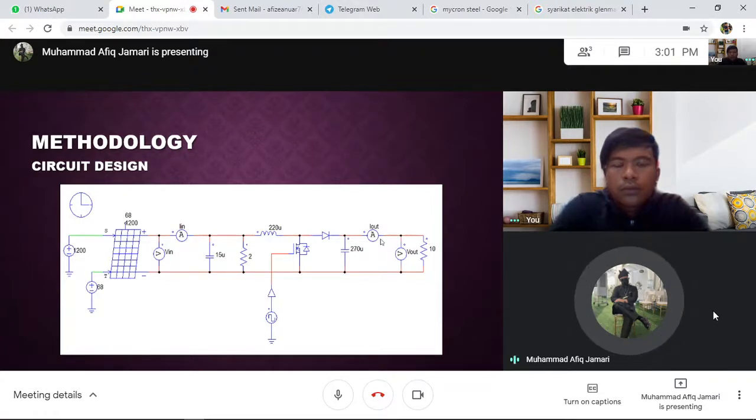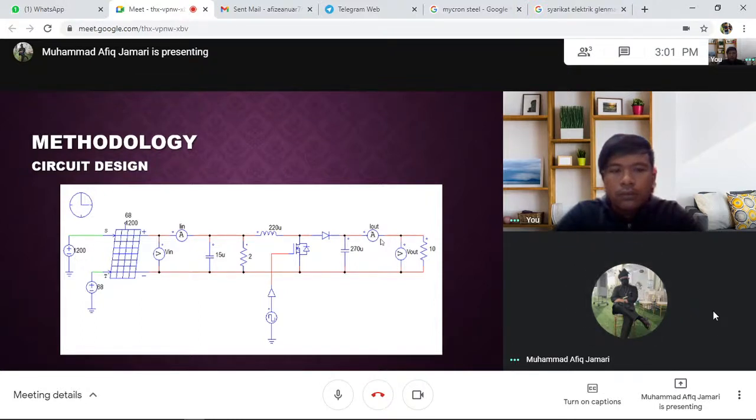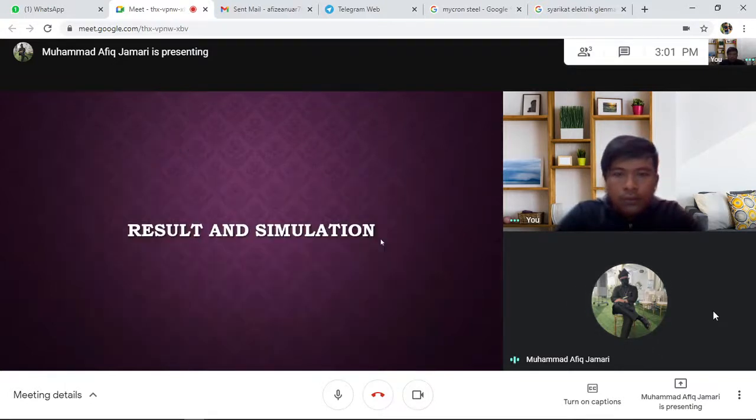The boost converter circuit we use in this design consists of a 220 micro inductor, a diode, a 270 micro capacitor, and a MOSFET. The capacitor and resistor act as the output load, so that the waveform will be filtered. Using a resistor as load affects the voltage output, as it will make the voltage output constant at 12 volts. Next I'll be talking about the results and the simulations.